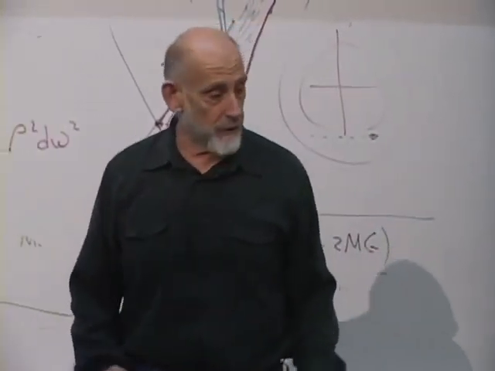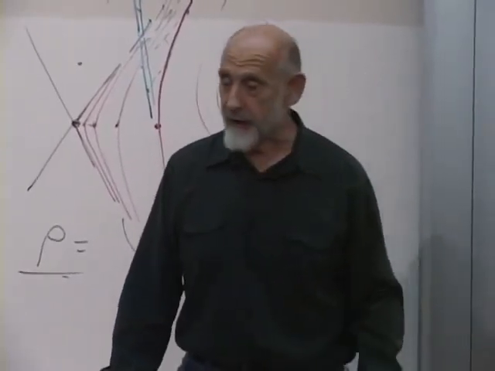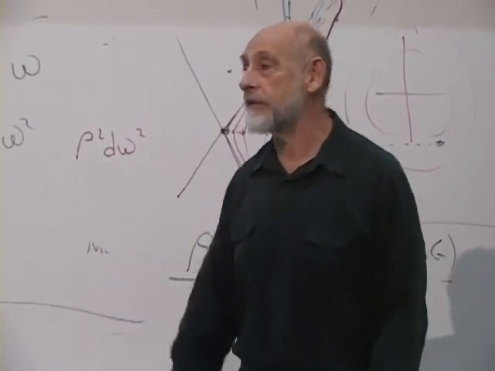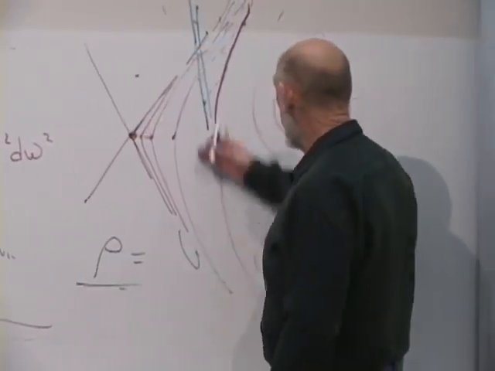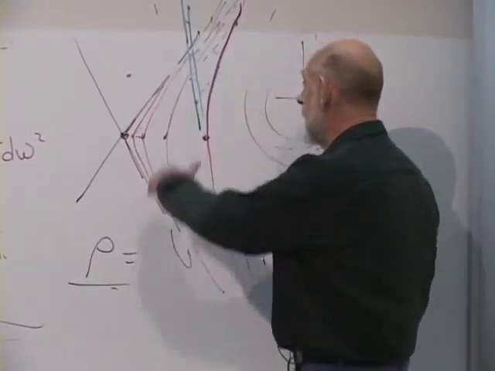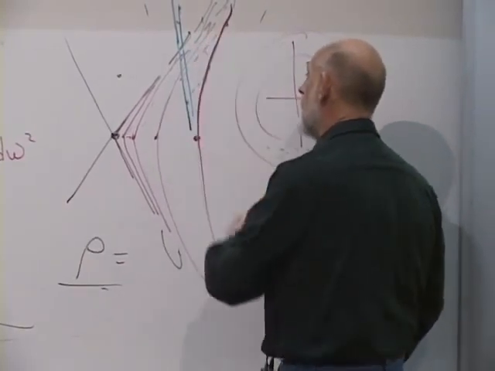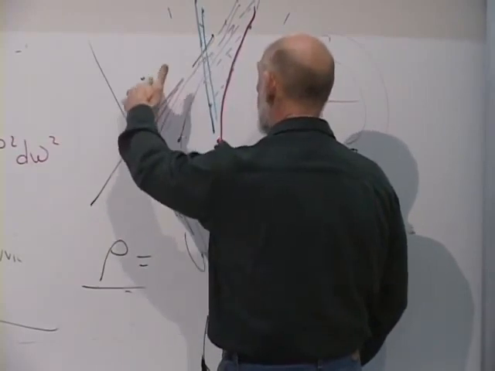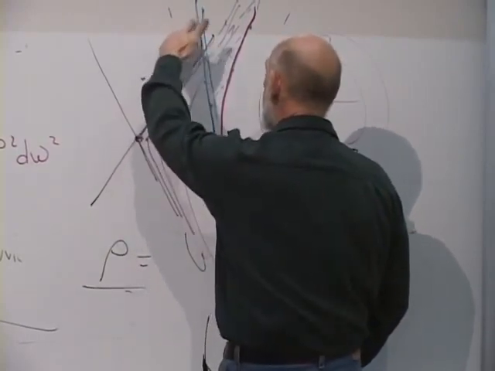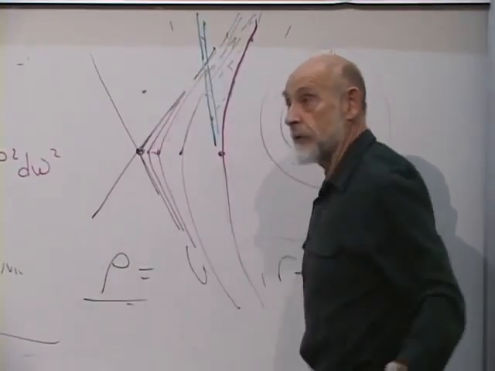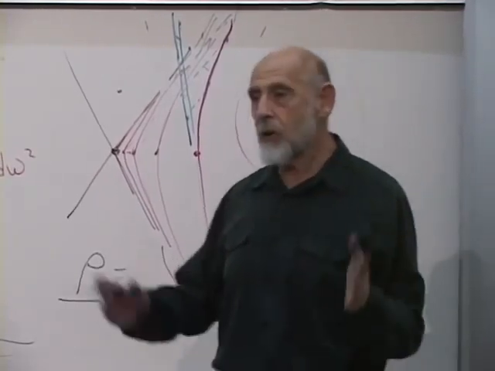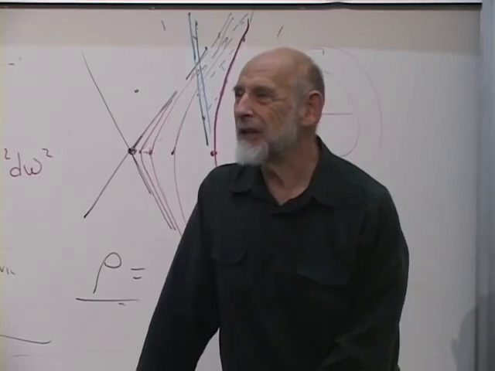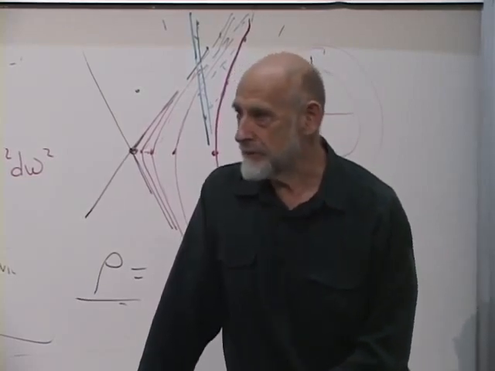If we had an observer riding on a rocket that had enough fuel to accelerate indefinitely, moving away, then that observer would say, for all practical purposes, there was an end to the world. He could not see beyond it, and could see nothing fall through it. So he would say, there is a horizon. It's called an acceleration horizon. But it's not physically different than the black hole horizon.